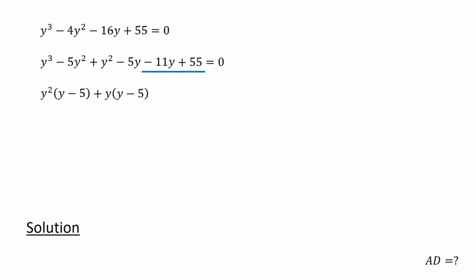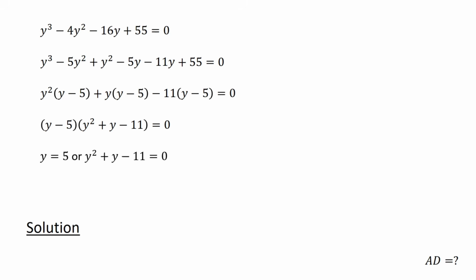And factor out minus 11 from these terms to obtain minus 11 times y minus 5. The entire expression thus factorizes as y minus 5 times y squared plus y minus 11. Therefore, we have y equals 5, or y squared plus y minus 11 equals 0.